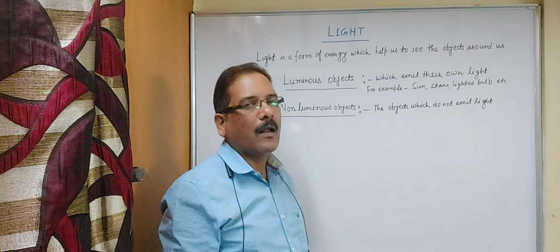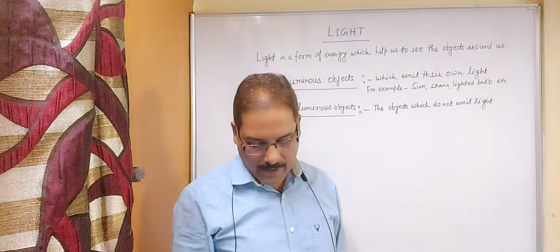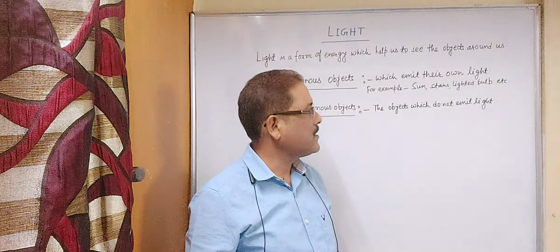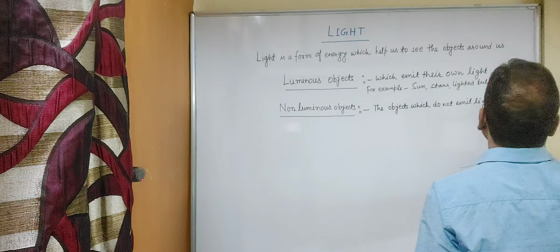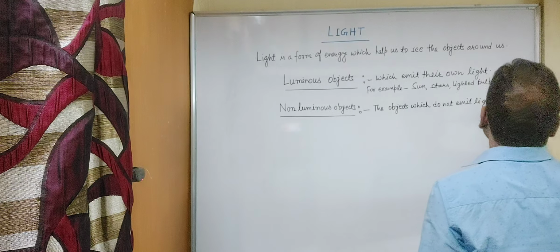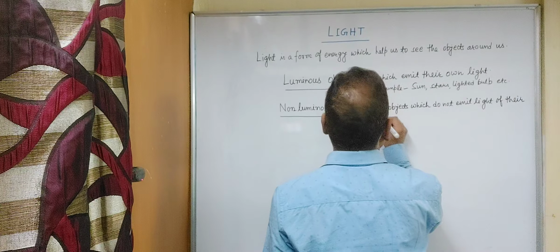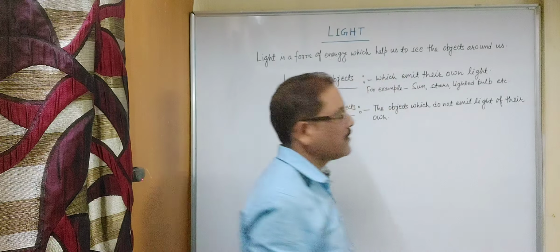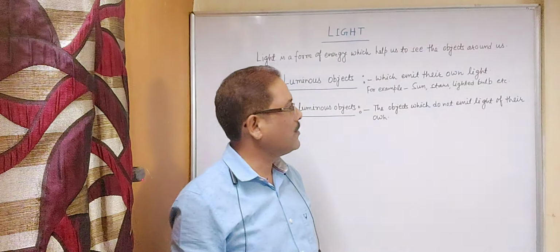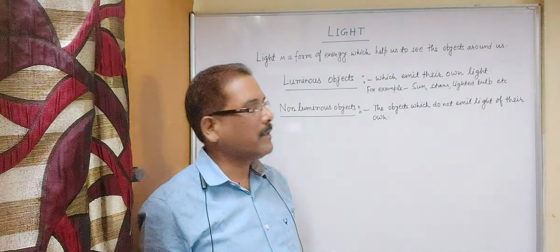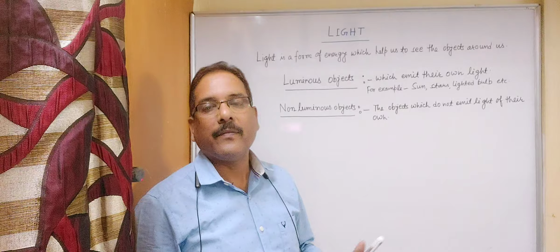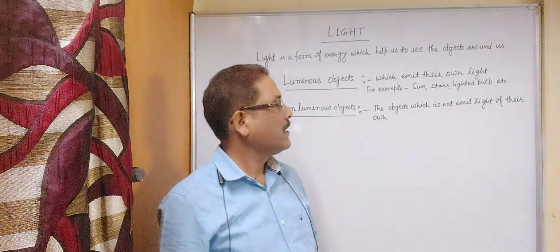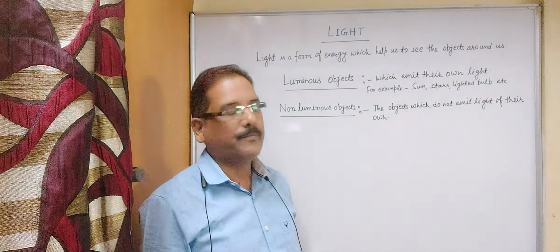There are a number of non-luminous objects around us, or you can make some of your own. You might say that yes, the moon also emits light, but the moon simply reflects the light of the sun. It does not emit light.